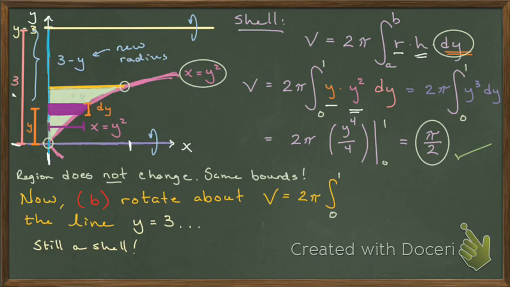Top minus bottom gives me that distance. That's going to be my new radius. It's the distance from the axis of rotation to the slice, and that slice is y units up from the x-axis. So my new radius should be 3 minus y.